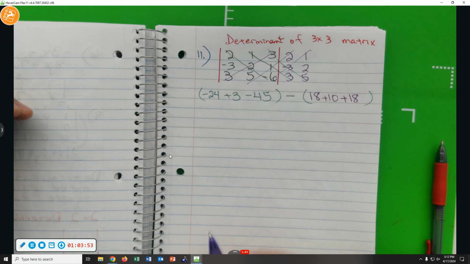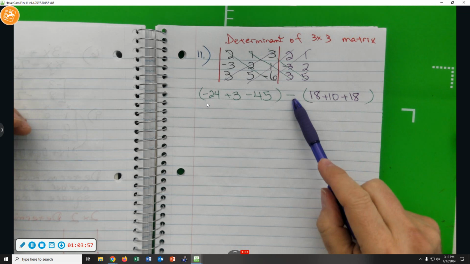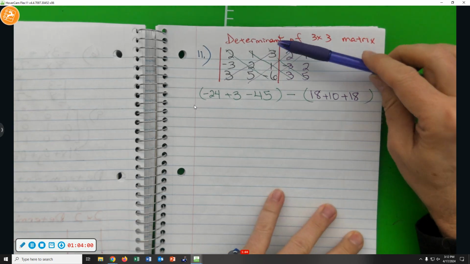You have 3 diagonals falling from left to right, minus 3 diagonals falling from right to left.